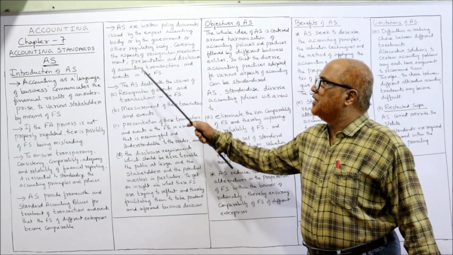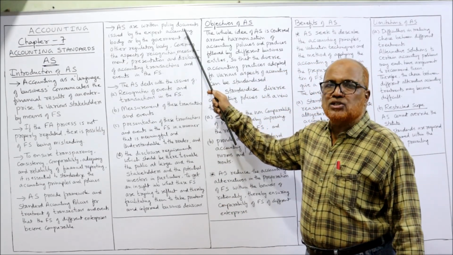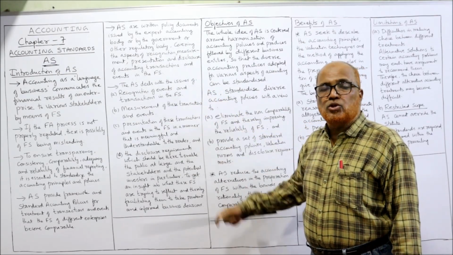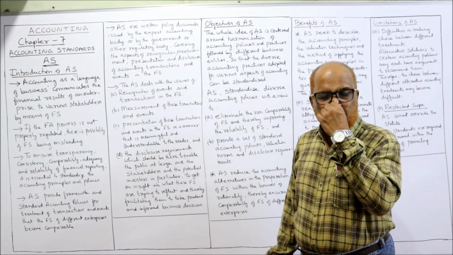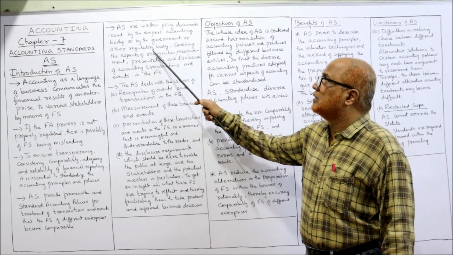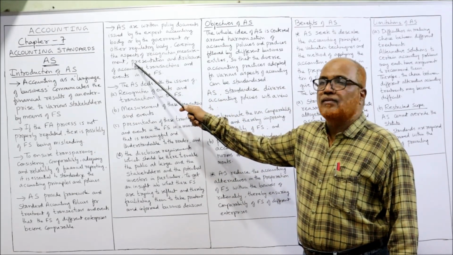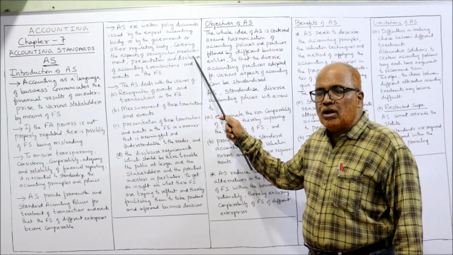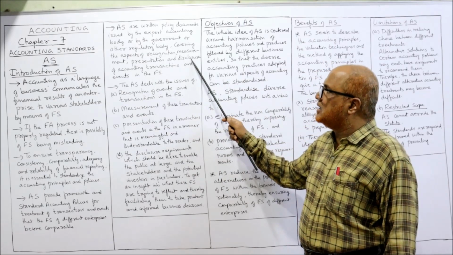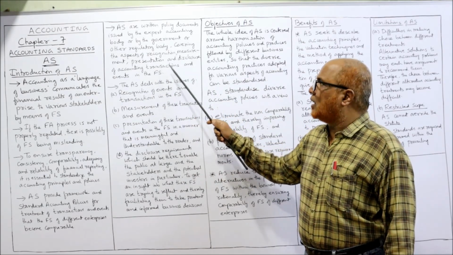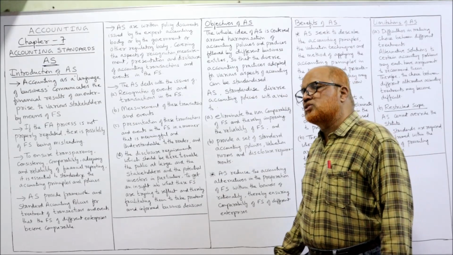So normally this will be issued by an expert accounting body, or it may be issued by the government, or by any regulatory body, covering the aspects of recognition, measurement, presentation and disclosure of accounting transactions and events in the financial statements.